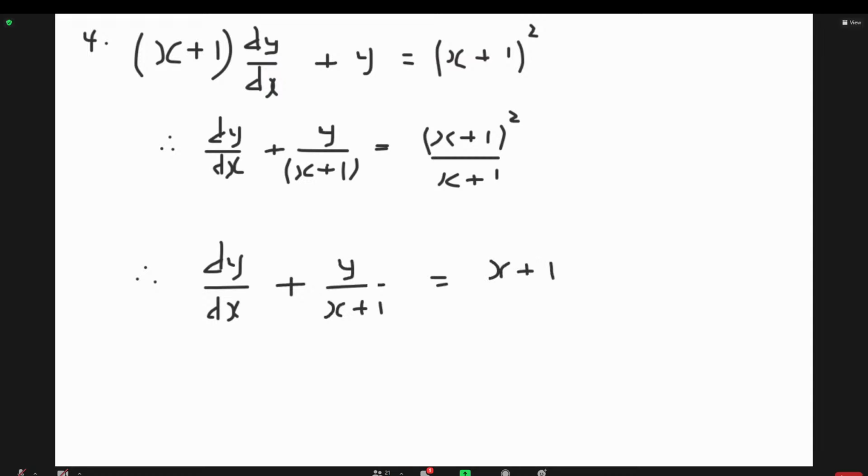Therefore, P is equal to 1 over x plus 1. Q is equal to x plus 1. Integrating factor is e to the integral of 1 over x plus 1, which is P. All right, which again works out to be e to the ln x plus 1, which of course is x plus 1.